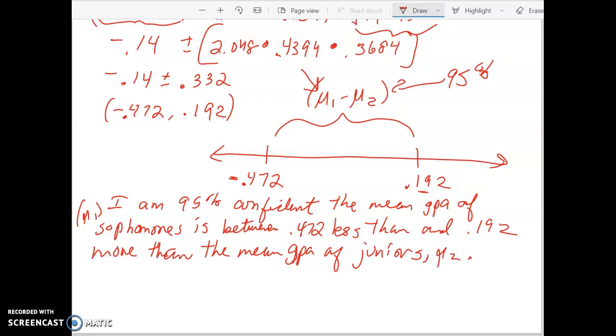And the last part of this is, does this agree with the hypothesis test we did? Well, in the hypothesis test, we said we could not reject the null. In other words, we thought the mean of 1 might equal the mean of 2. There was not enough evidence to reject it. Well, when we look at this confidence interval, let's find out where 0 is. Since this interval goes from negative to a positive number on the other end, 0 is actually in the middle somewhere.